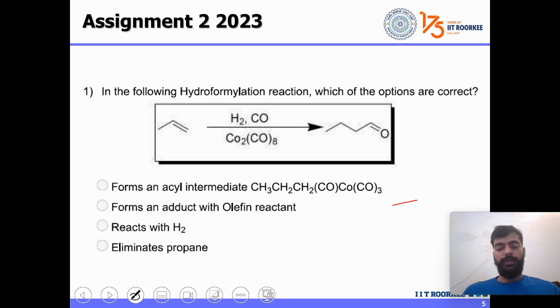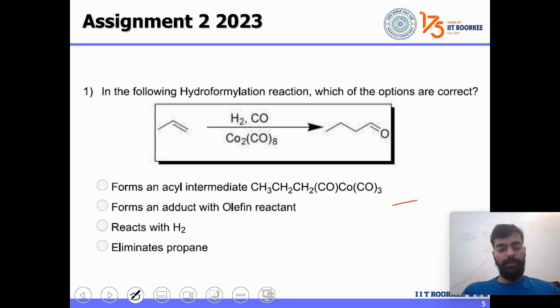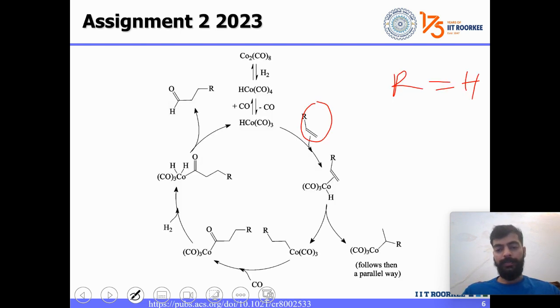Okay, let's move to the solution. If we see here, this is the catalytic cycle. This catalyst follows, and here is our alkene. Suppose R is our methyl group. Firstly, this methyl comes and interacts with the cobalt complex, and this follows in a parallel pathway.